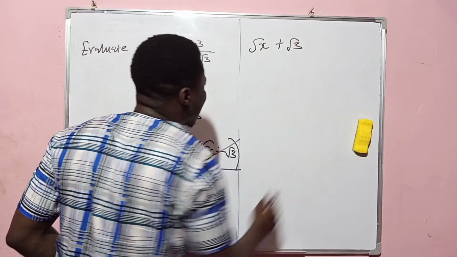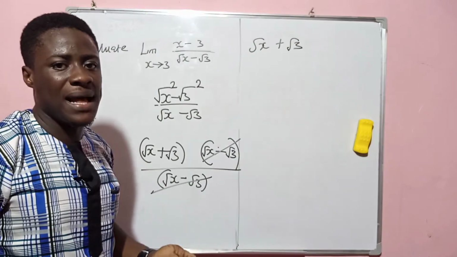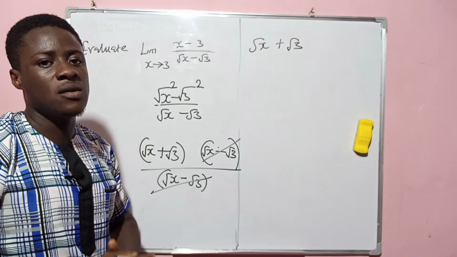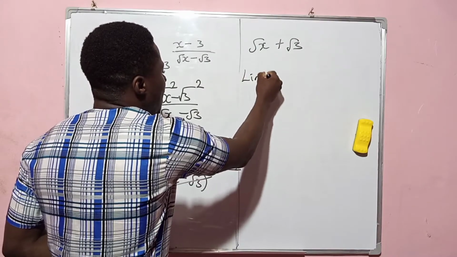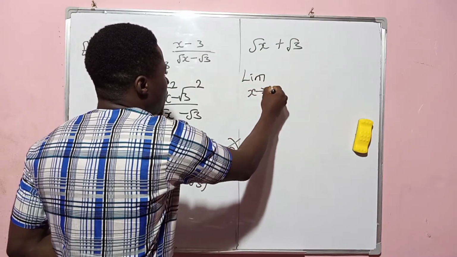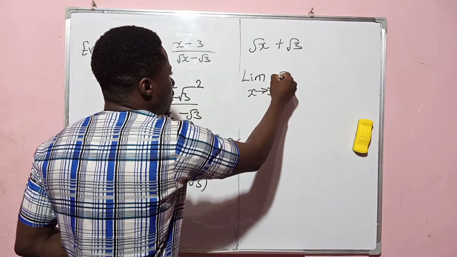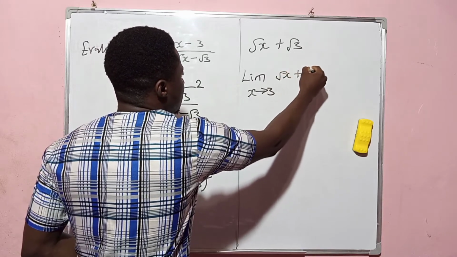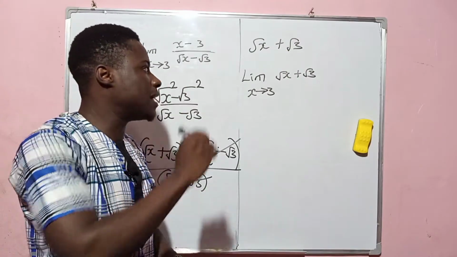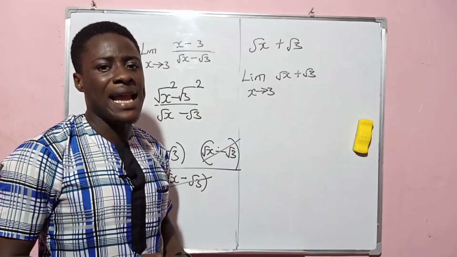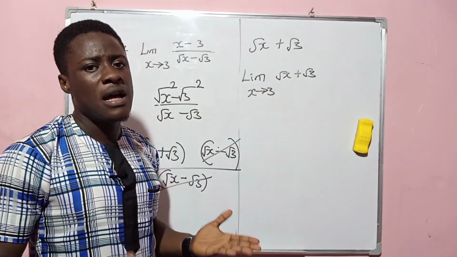Here I can simply apply my limit and get my final result. I'm now solving the limit as x tends to 3 of square root of x plus square root of 3. Here I can now substitute directly in this expression and get my final value.